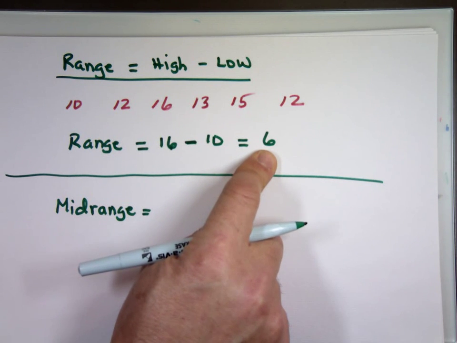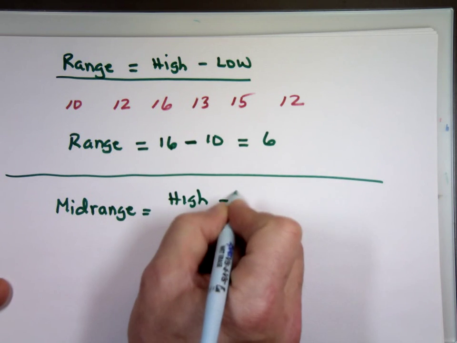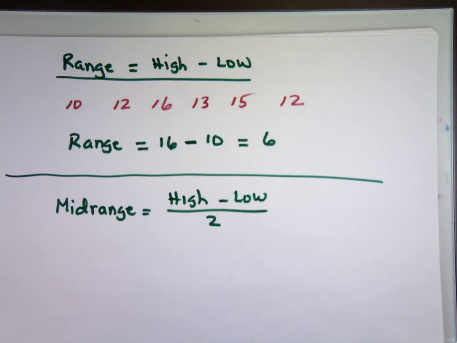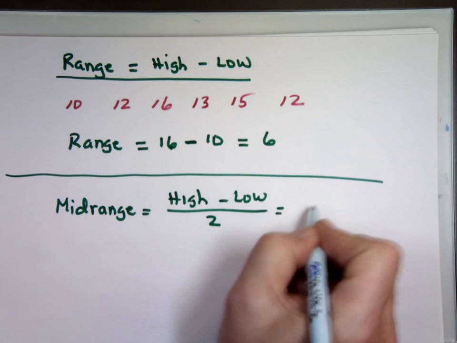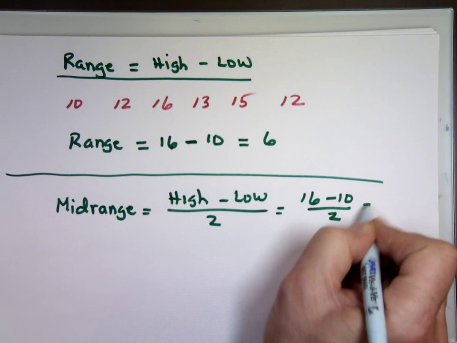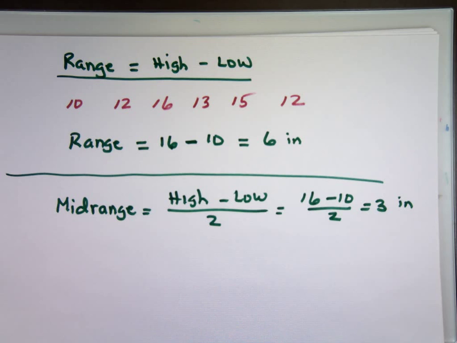So the mid-range is really the high value minus the low value divided by 2. In this case, it will be 16 minus 10 divided by 2, which is 3 inches. Talking about snow here, 3 inches of snow. So you might hear the word mid-range versus the range. That's the difference between them.